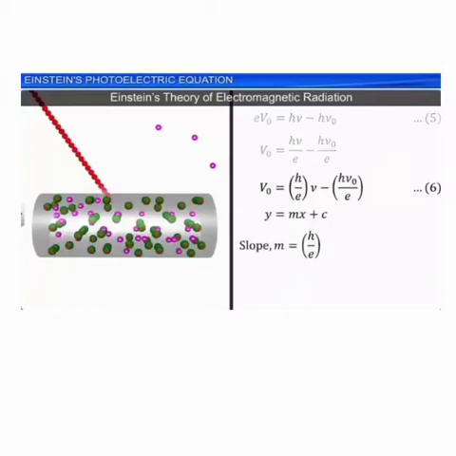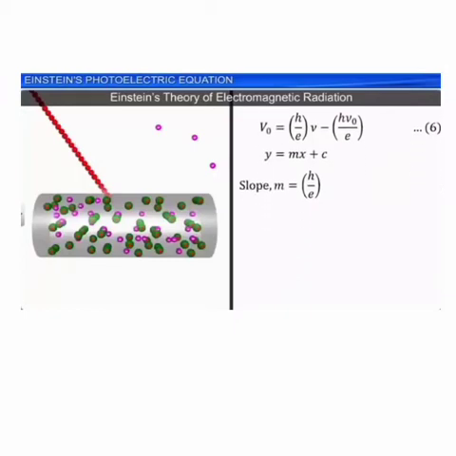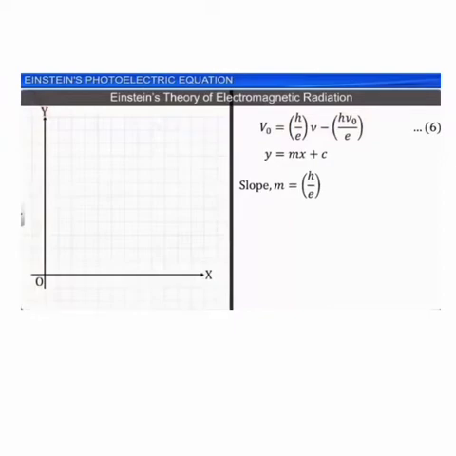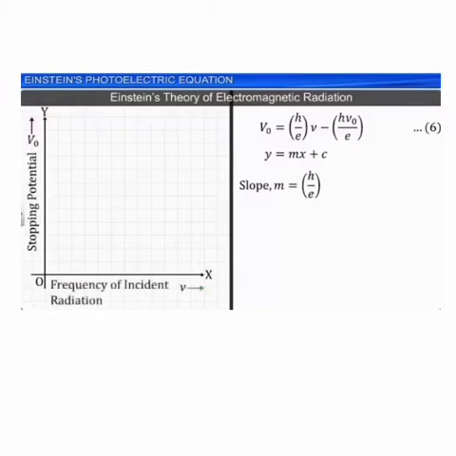From equation 6, as stopping potential V0 varies in a linear fashion with the incident frequency nu, a graph drawn between the stopping potential V0 taken on the y-axis and the frequency of the incident radiation taken on the x-axis is a straight line.